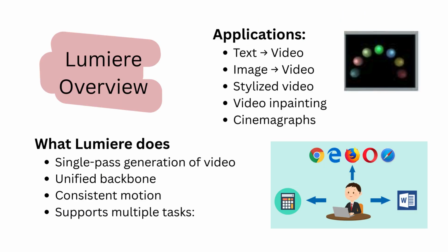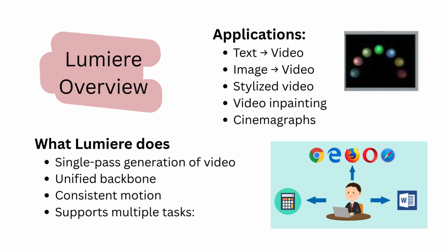Okay, and then I will talk about the overview. At a high level, the Lumiere system follows a straightforward pipeline. First, the user provides a text prompt, an input image, or an existing video. The system encodes this into a latent representation using the space-time UNet. Lumiere generates a low-resolution video, but crucially, it generates all frames at once, ensuring consistency.